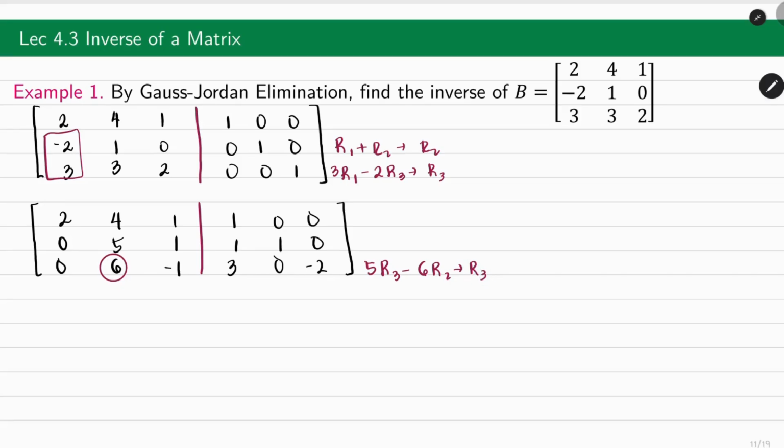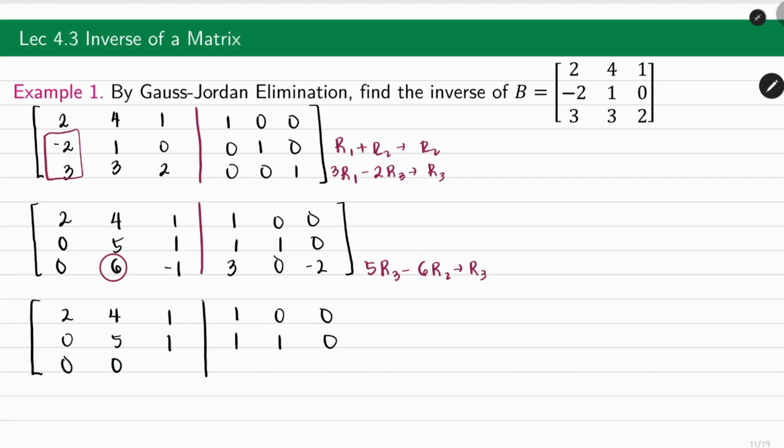Be careful. Okay, we have 0. And then 5 times 6, 30 minus 30, 0.